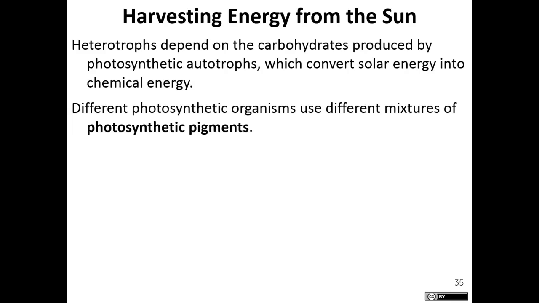Heterotrophic organisms, which are like me and you, as well as E. coli and Enterobacter, are organisms that depend on carbohydrates that are produced by photosynthetic organisms, such as plants and algae and cyanobacteria.